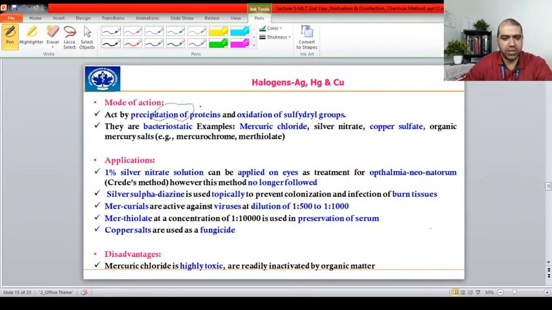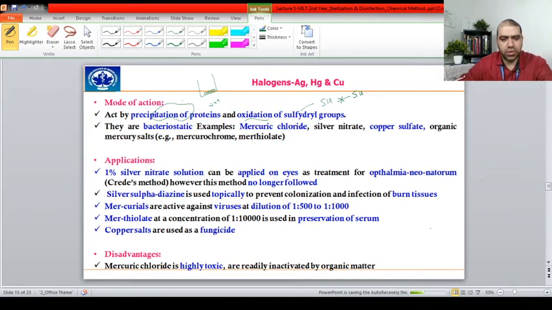Proteins come together and precipitate, or if they are in solution, they can precipitate down and become non-functional. It can also do oxidation of sulfhydryl groups. So if there is a sulfhydryl covalent bond within an enzyme, it can break it. By the process of oxidation, this bond is broken.